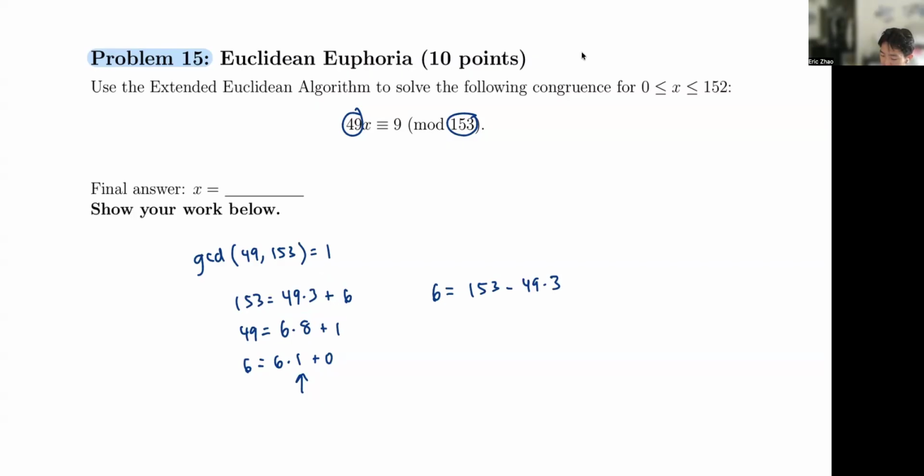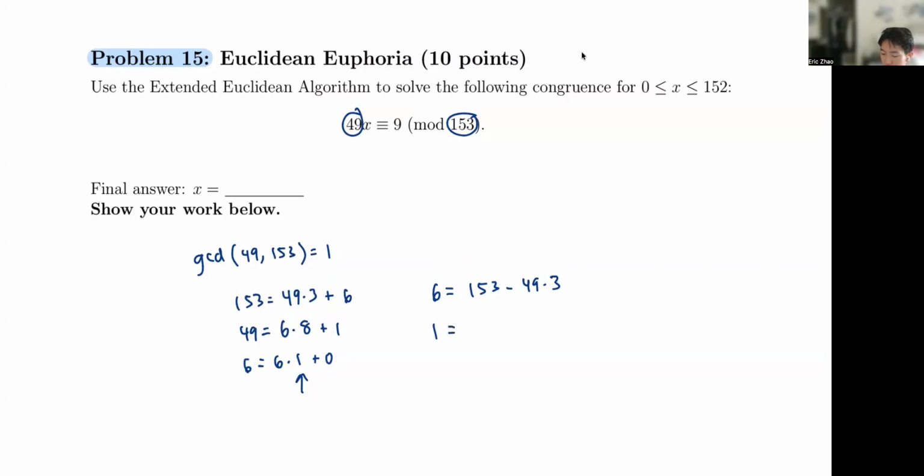We get 6, or actually, sorry, we have this, right? Okay, what else can we do? Ultimately, we want to show some linear combination gives us 1, because ultimately, we want to show what times 49 gives us 1, mod 153.